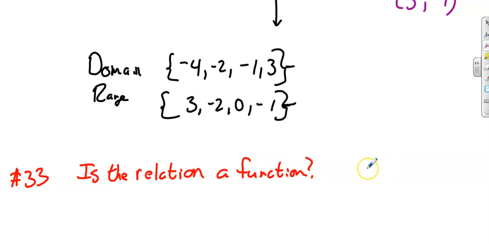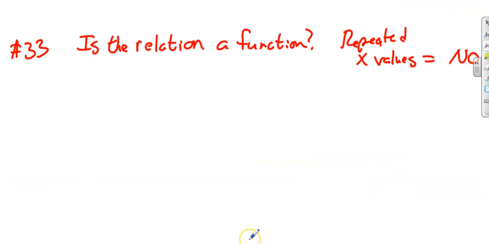And again, if you have repeated X values, that's a no. That's the big thing that you're going for on this part when they ask you, is this relation that we're looking at a function?